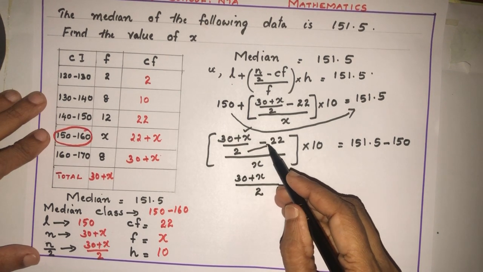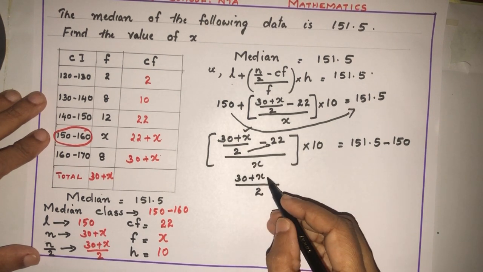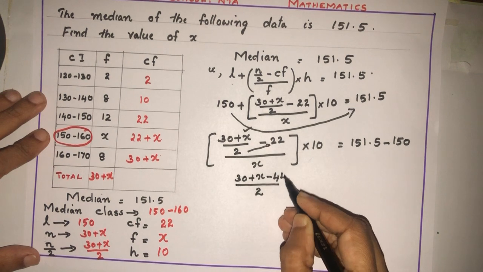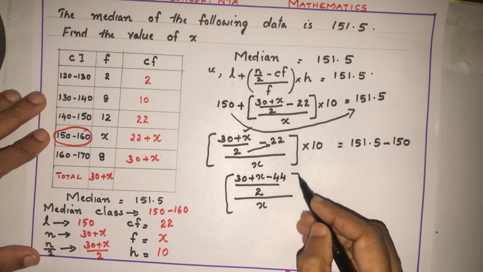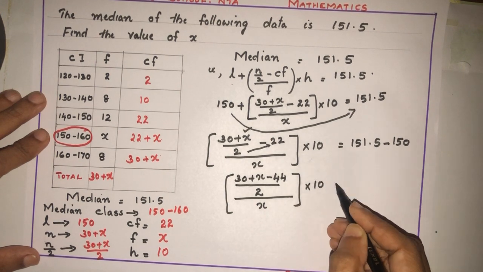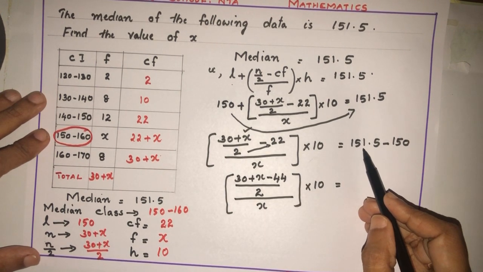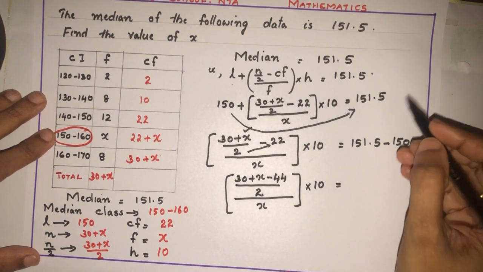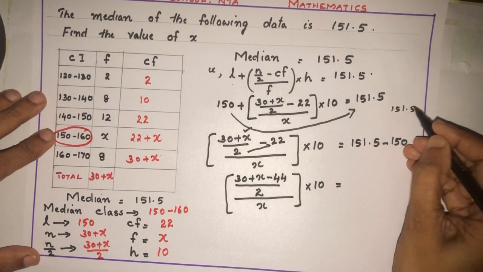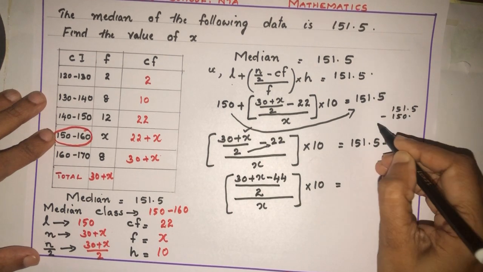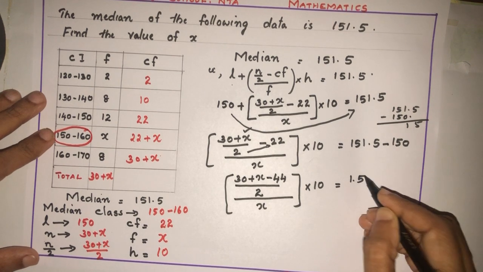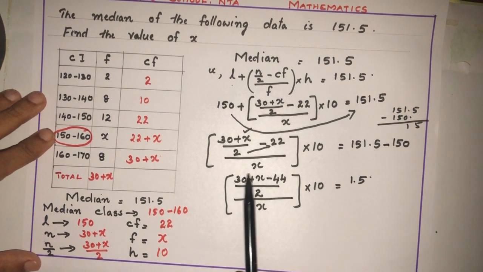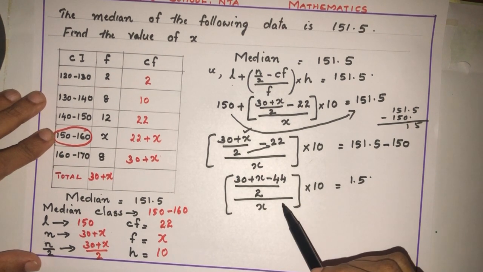Then here the numerator will be 2 into 22, 44, the whole by x multiplied by 10 equal to 151.5 minus 150, which is 1.5. Okay, children. Now, if there is any doubt in these steps, you have to contact your teacher.